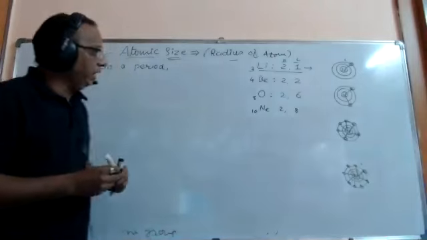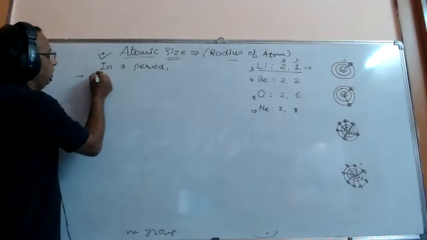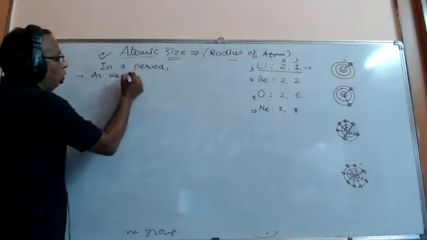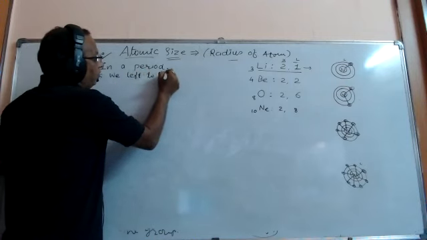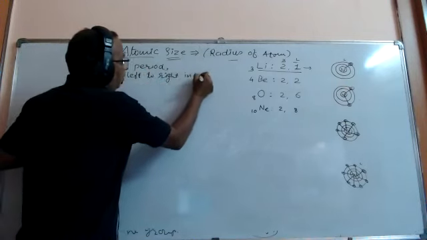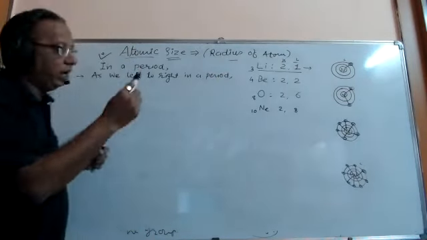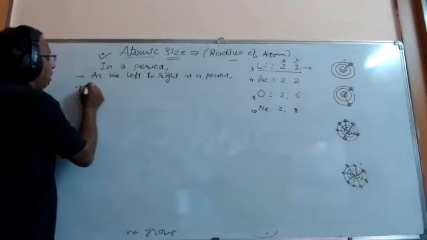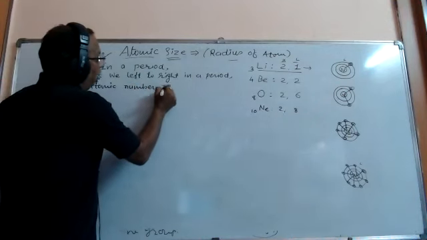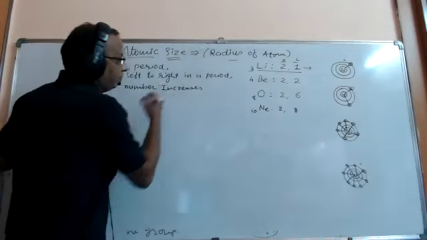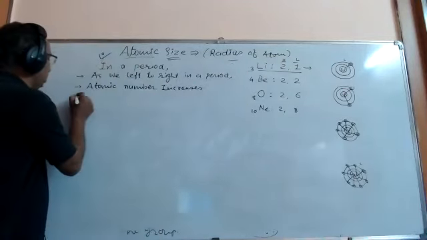So we can write all these things in sentences. How? First of all, friends, as we go from left to right in a period, atomic number increases. You can see 3, 4, 5, 6, 7, 8, 9, 10, atomic number increases.